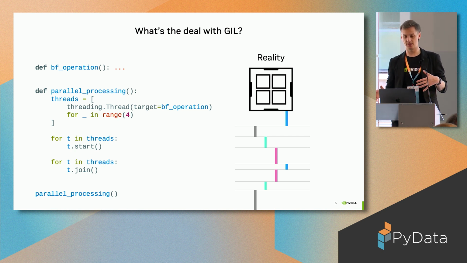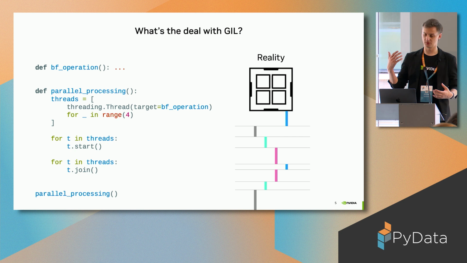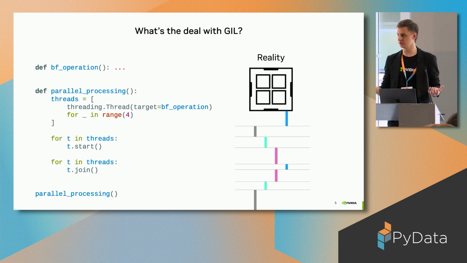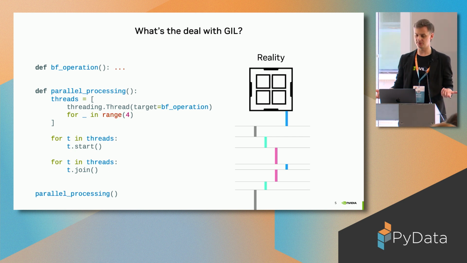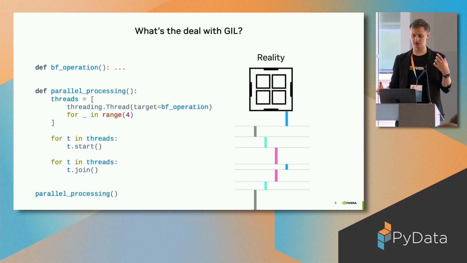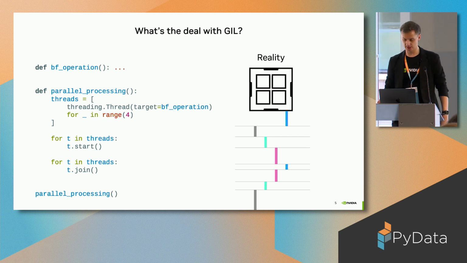That's why PyTorch, TensorFlow, JAX, all the deep learning frameworks are actually implemented in C++, because in C++ we don't have this global interpreter lock, and we can use thread parallelism. In Python, we can't use thread parallelism. Of course, there is a possibility to run things in parallel in Python, which I'll cover a little bit later.